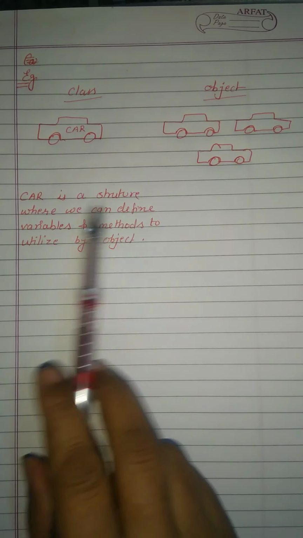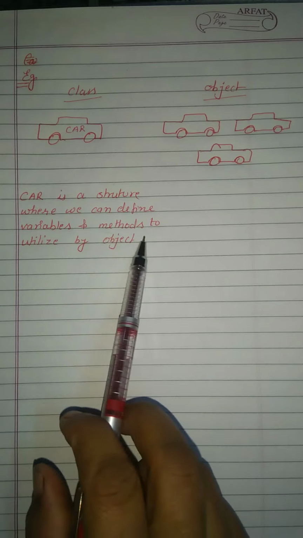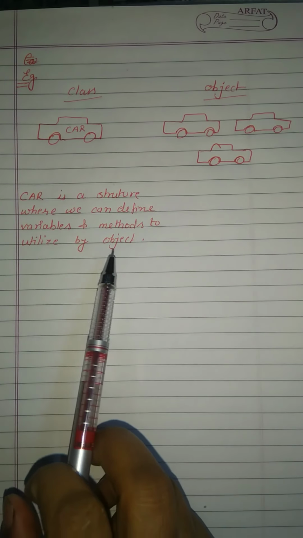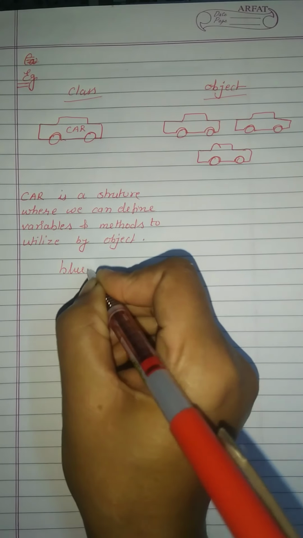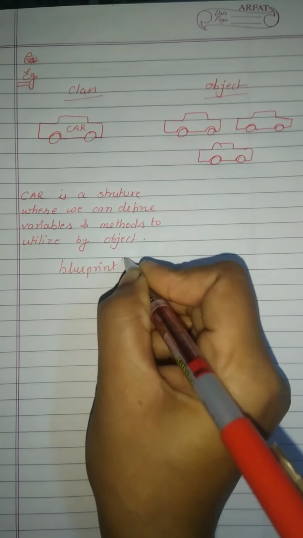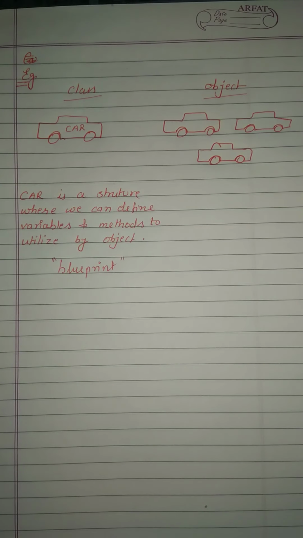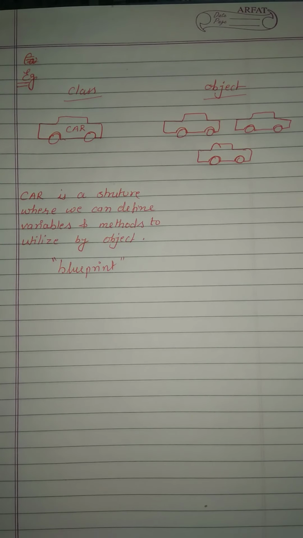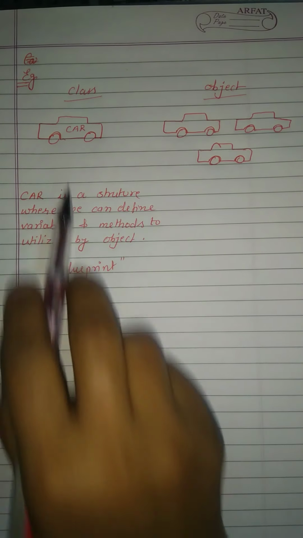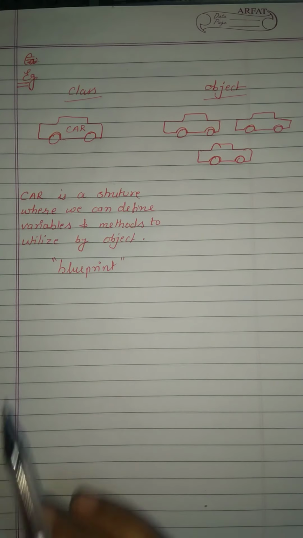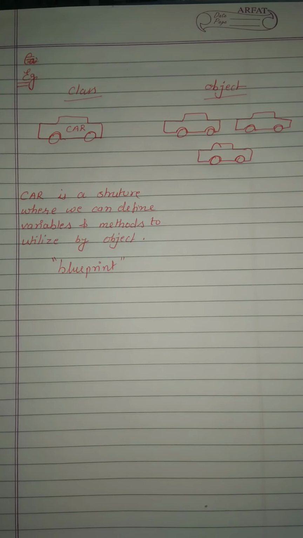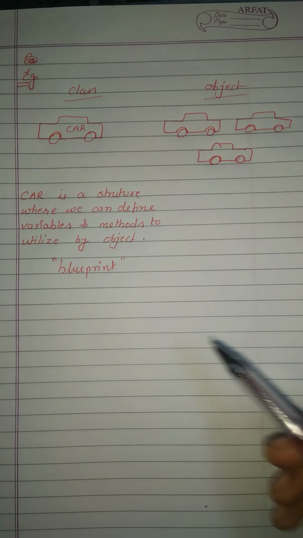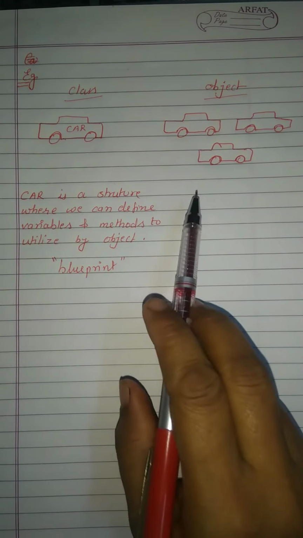A car is a structure where we can define variables and methods to be utilized by objects, or we can say it is a blueprint of objects. So what is the object? This is the car blueprint.